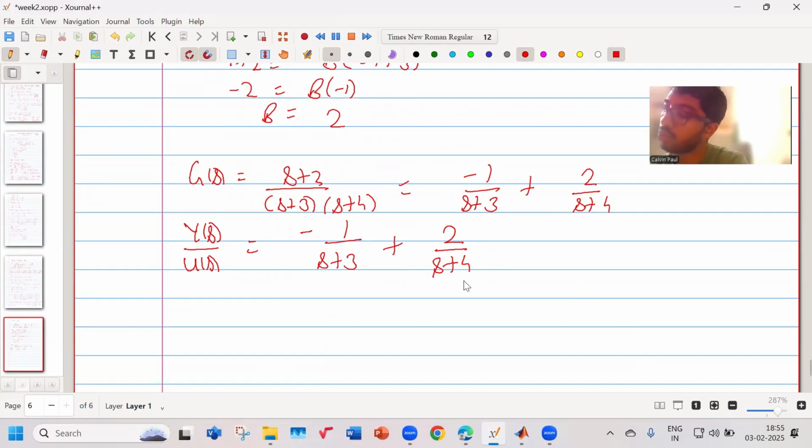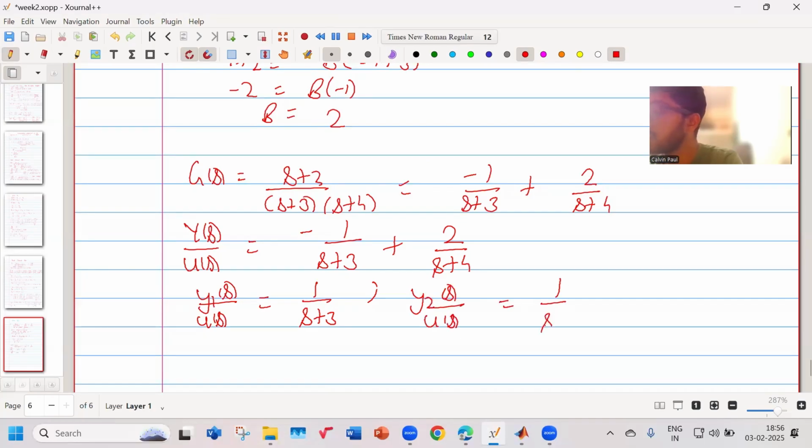You must note down that the poles are distinct, okay, and they are not complex conjugates, etc. So what do we do now? Over here, we represent it as y1 of s upon u of s is equal to 1 upon s plus 3 and y2 of s upon u of s is equal to 1 upon s plus 4, right?